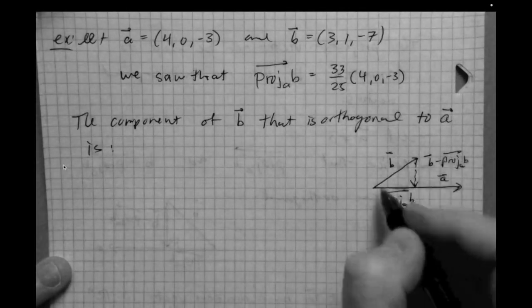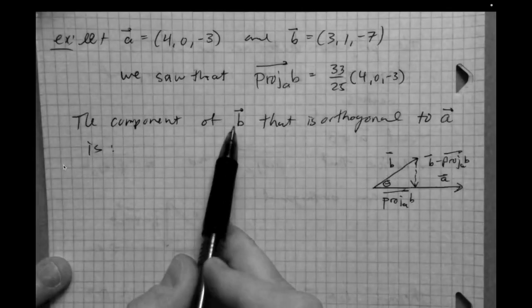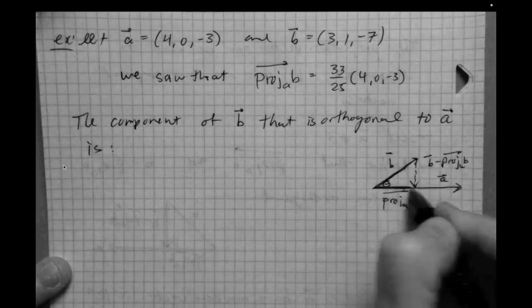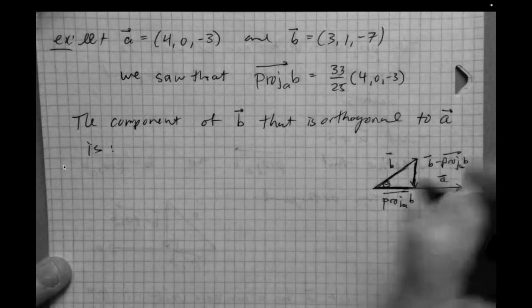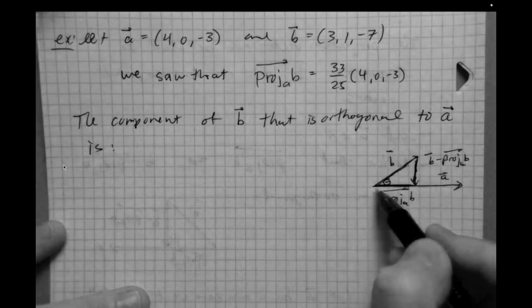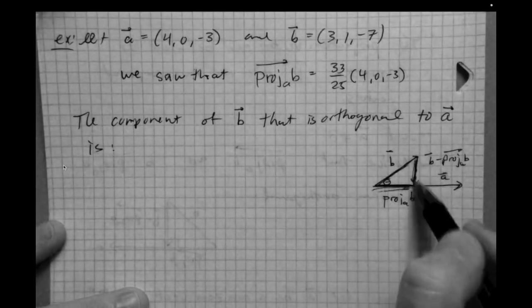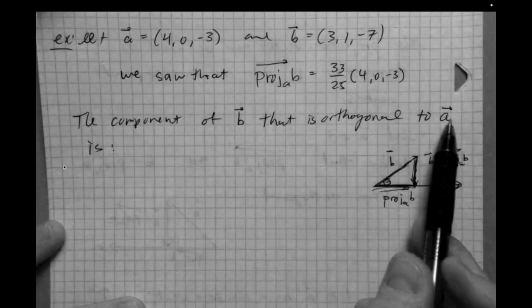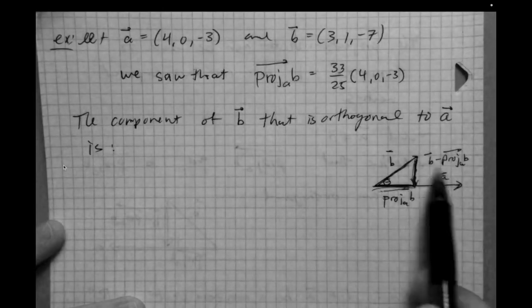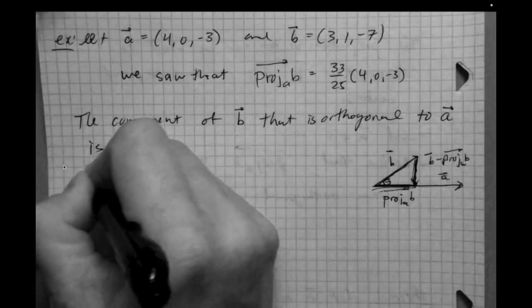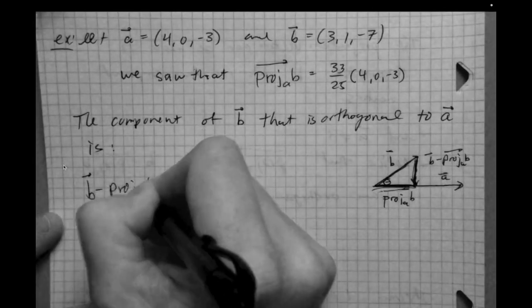Right, so when we say the component of B that is orthogonal to A, so this is B, these are called the component vectors, right? These sort of orthogonal vectors that can be used to form B. So these are the components of B. So the component of B that is orthogonal to A is this, okay, is B minus the projection of B onto A.